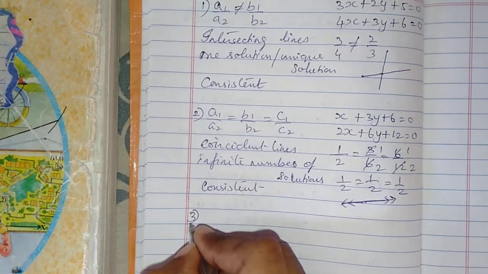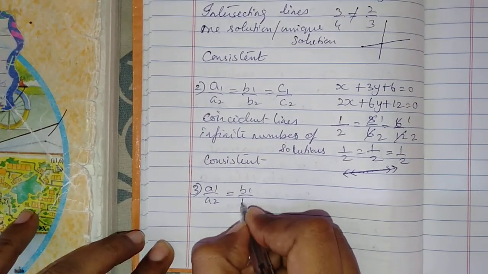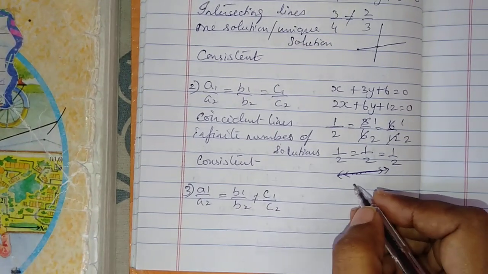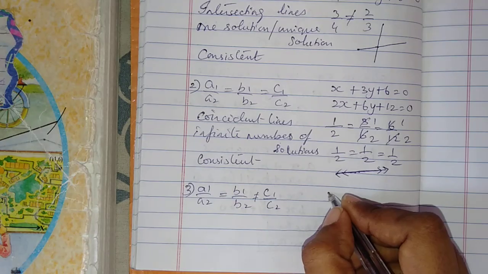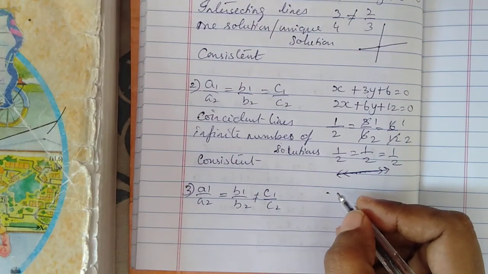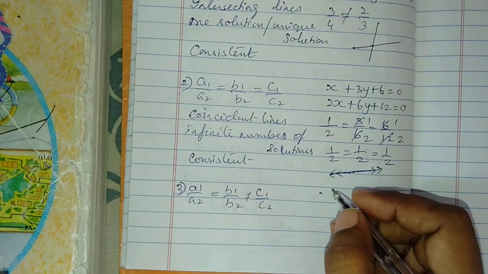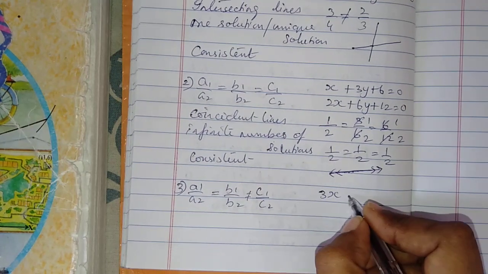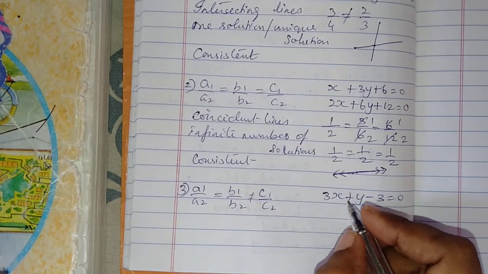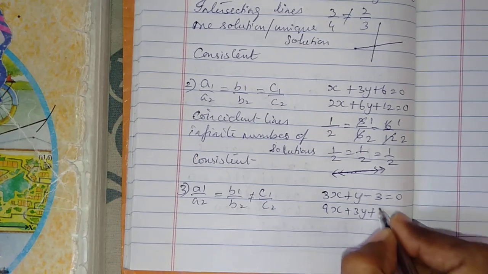The third possibility is a1 by a2 is equal to b1 by b2 is not equal to c1 by c2. For example, you have an equation x plus y minus 3 is equal to 0 and 9x plus 3y plus 6 is equal to 0.